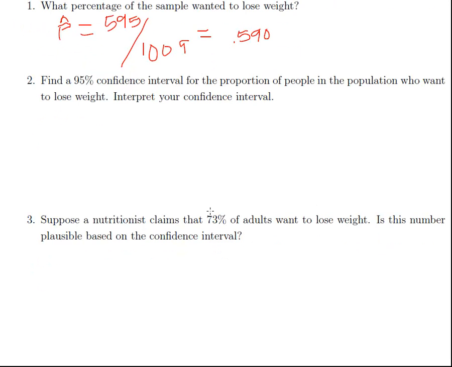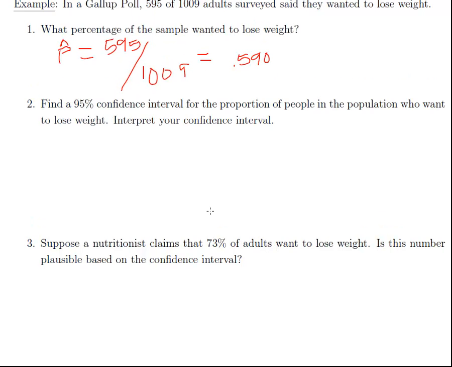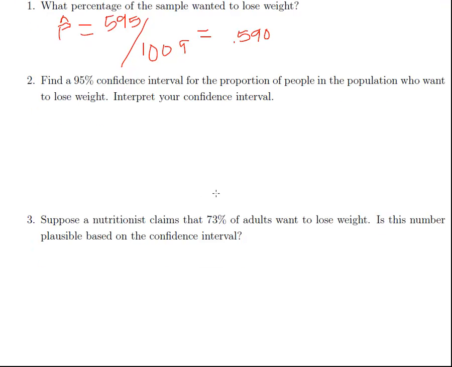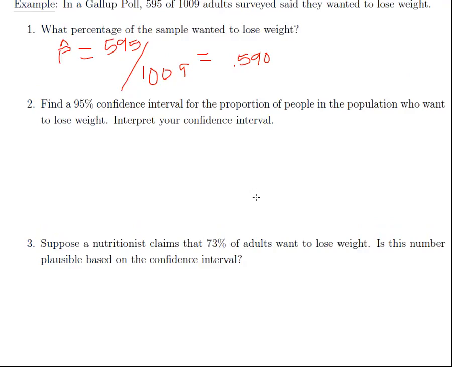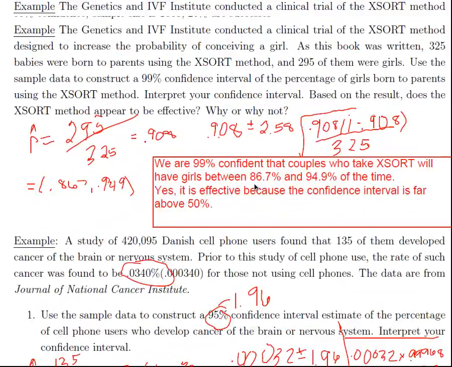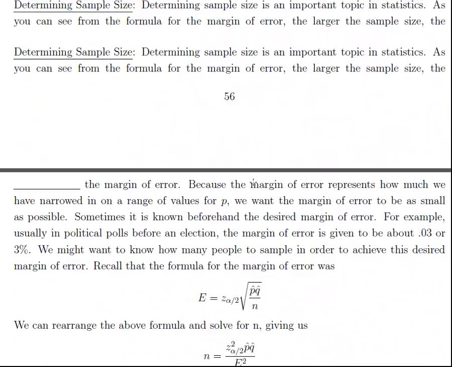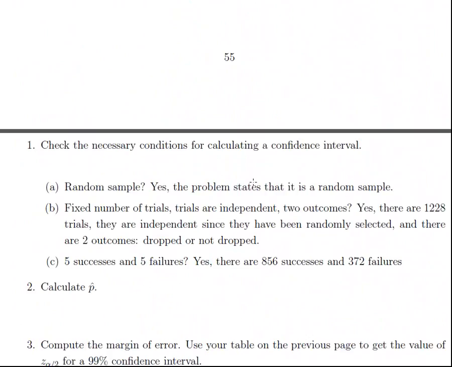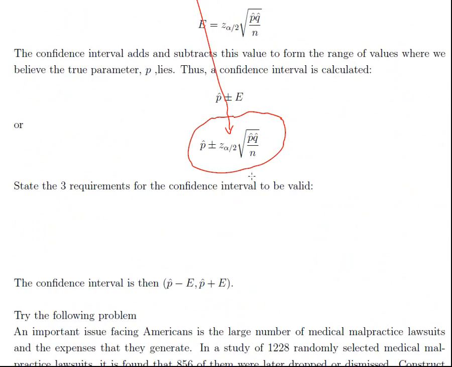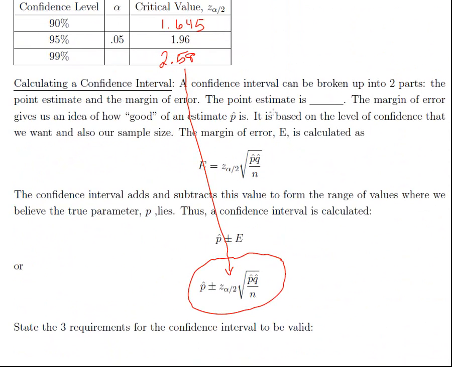Next question, find a confidence interval for the proportion of people in the population that wanted to lose weight. So the 95% confidence interval, again, we're just going to use the formula up here on page 55. And 95% corresponds to a z-value of 1.96.